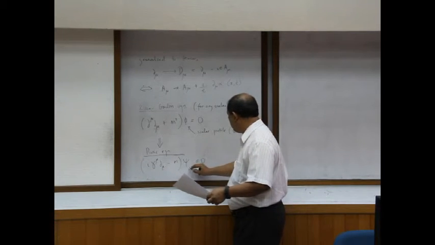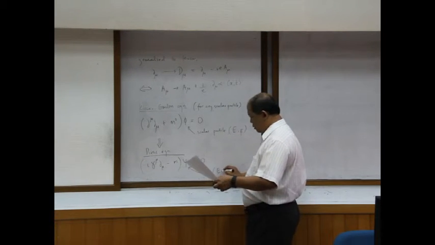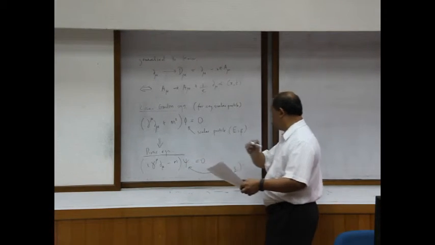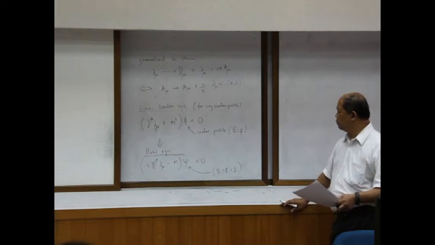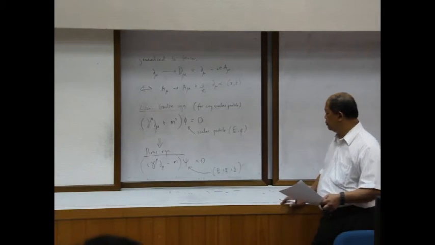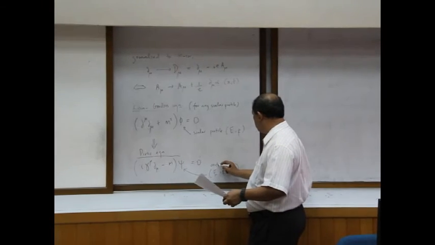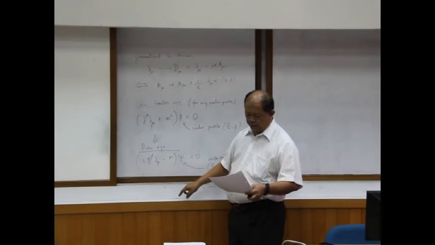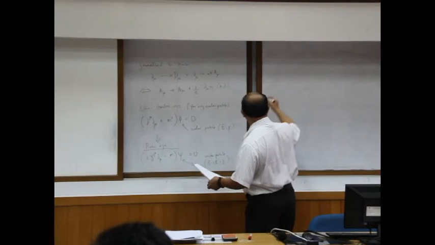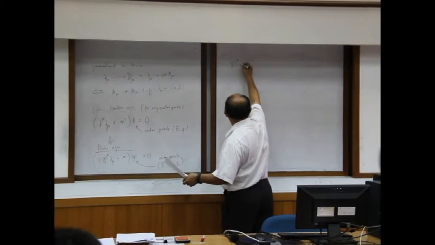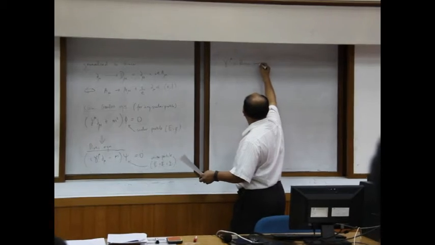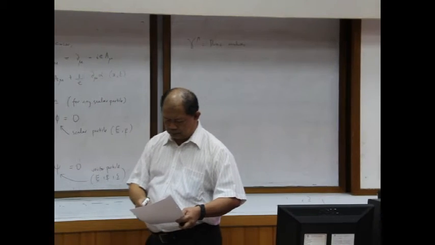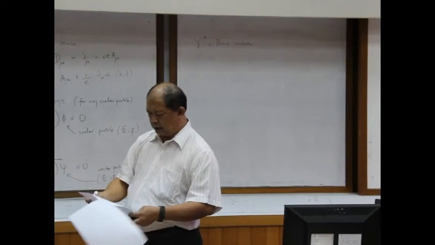Not only that, it describes energy momentum but also spin. So this is a vector particle. The wave function describes a vector particle, and this gamma mu is called the Dirac matrix.